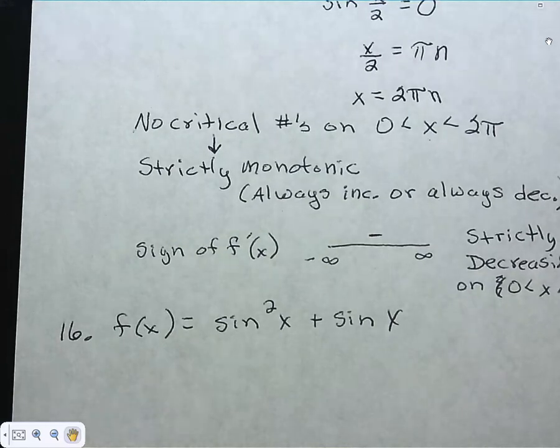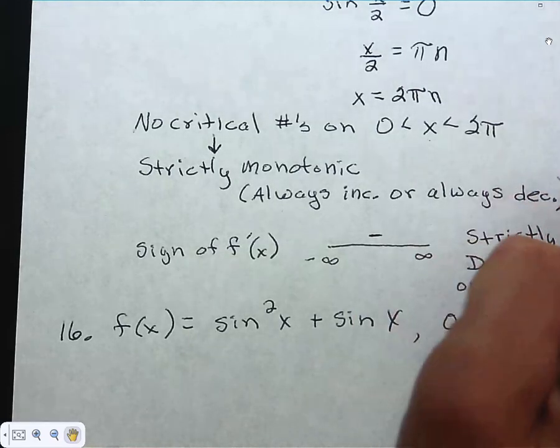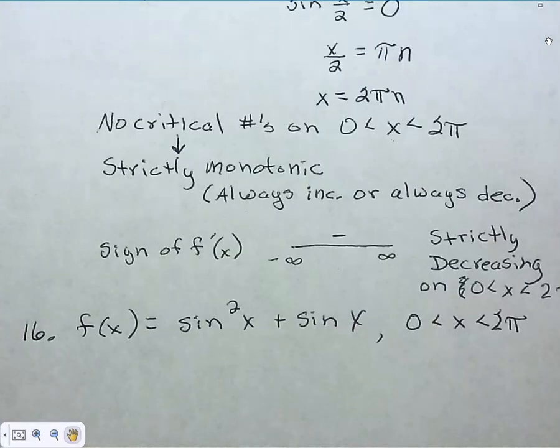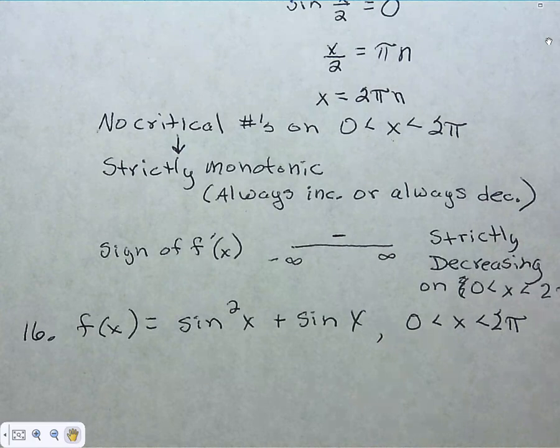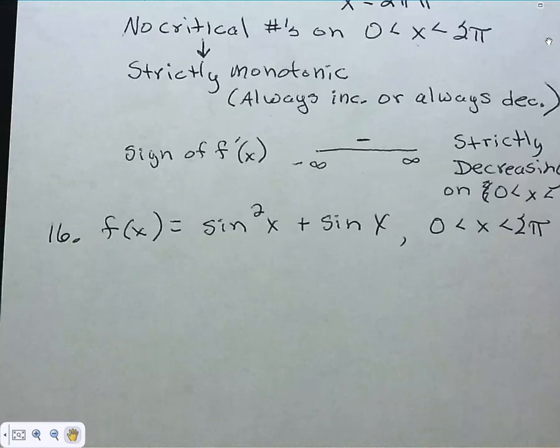Sine squared x plus sine x on the interval from 0 to 2 pi again. One revolution of the unit circle, not including endpoints. Is there anything that makes that function undefined?